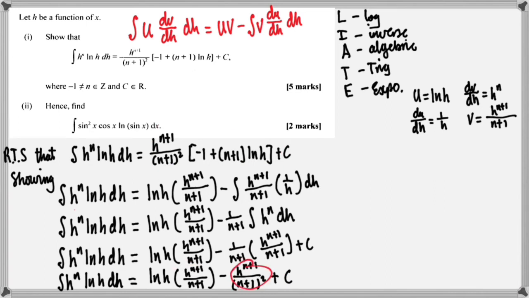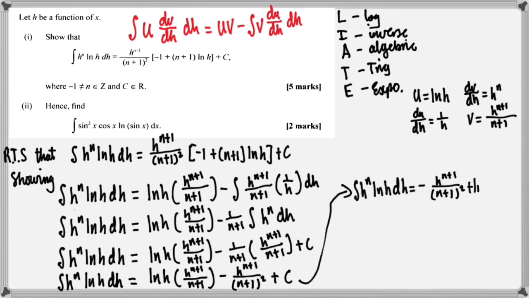But you see this part here is kind of similar, so that's cool. And then I see ln h here. It's looking like a kind of factorization taking place here. So let's try to factorize out the h to the power of n plus 1 on n plus 1, all squared, right? So let's go over here and check that out. Let's see what will happen here.